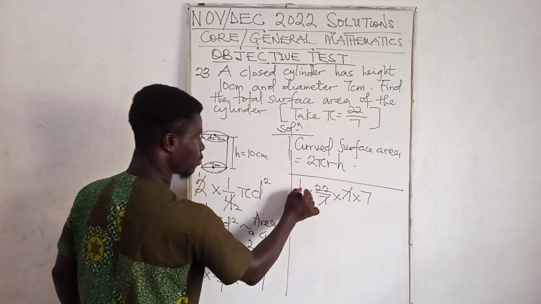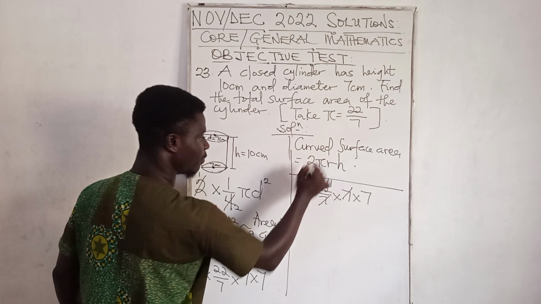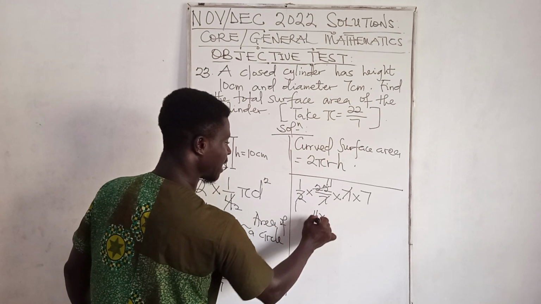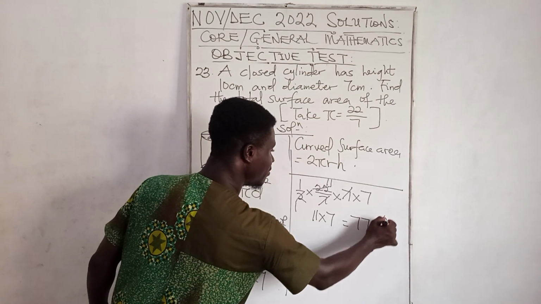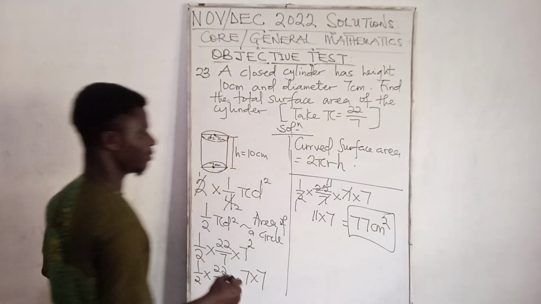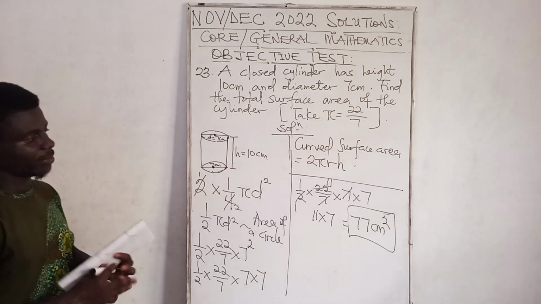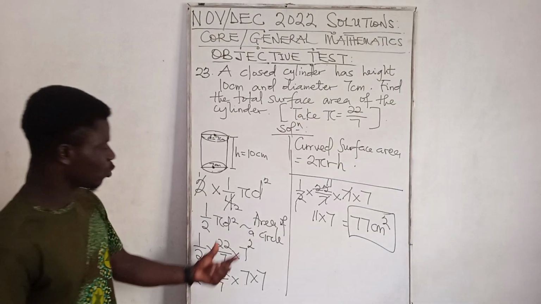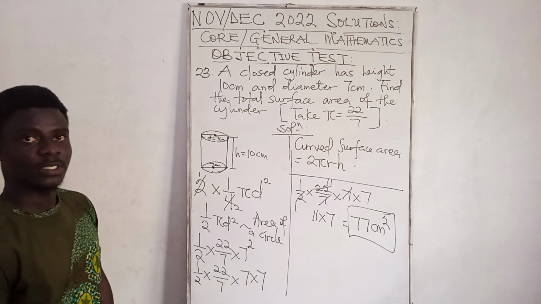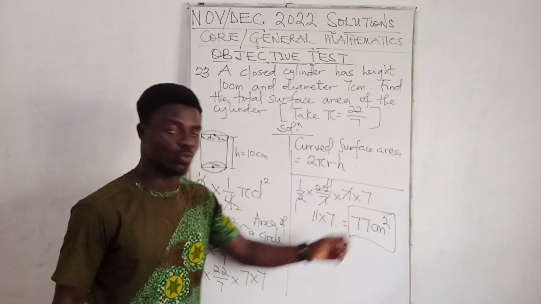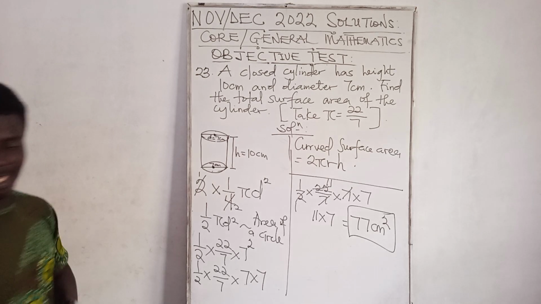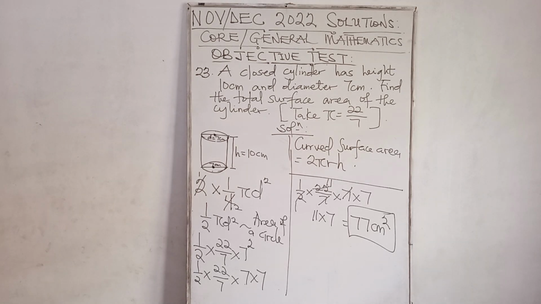This one cancels. 2 here, 1 into 22, 11. So I have 11 times 7, and 11 times 7 gives you 77 centimeters squared. This is the total area of the two circles, 77 centimeters squared.